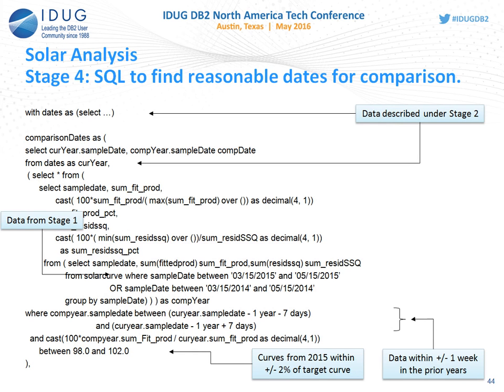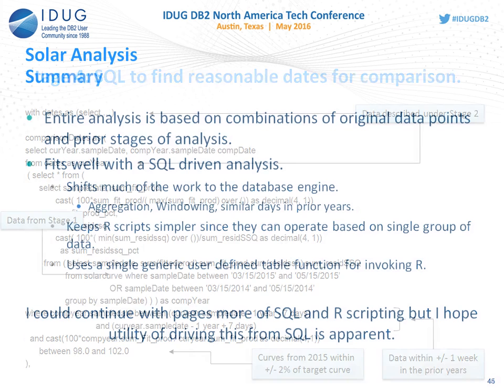The example SQL in the appendix actually shows doing this dynamically, using SQL to pick out the range of dates of interest without specifying constants. Here I'm saying I want it within 1 year plus or minus 1 week, and again our curve parameters within 2% of the target curve, within plus or minus 1 week. So that's what it is.